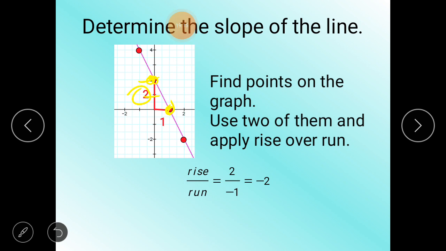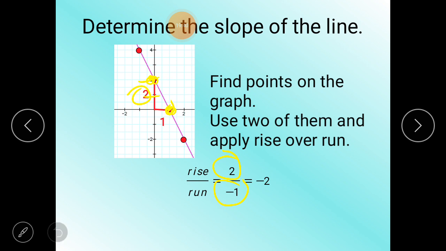What they did here is they got a rise of 2 and they got a run of negative 1, because if you're going to start with this point, you're going to run to the left side 1 unit to the left, so that is negative 1, and 2 units up, so that is positive 2.